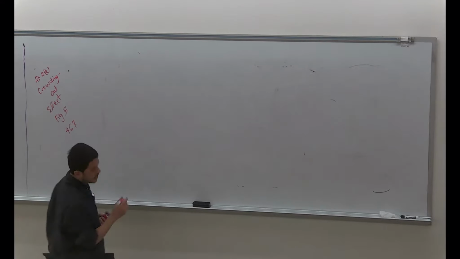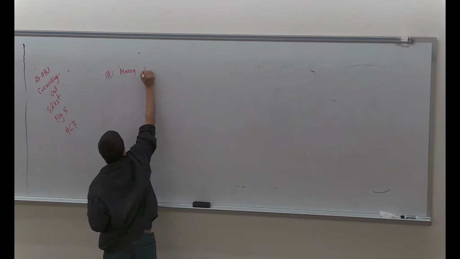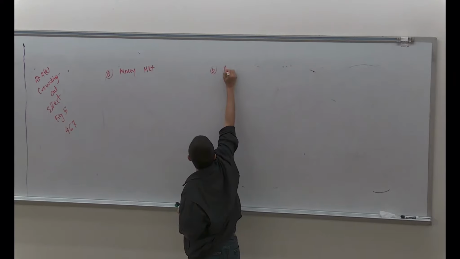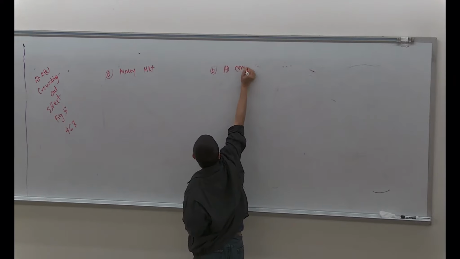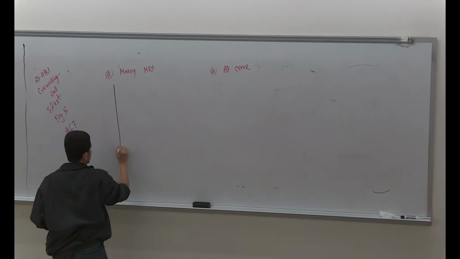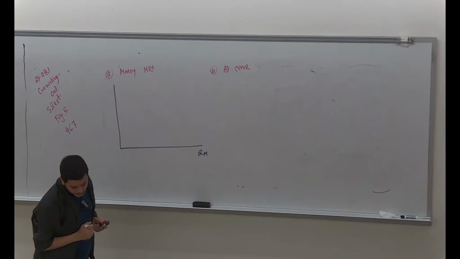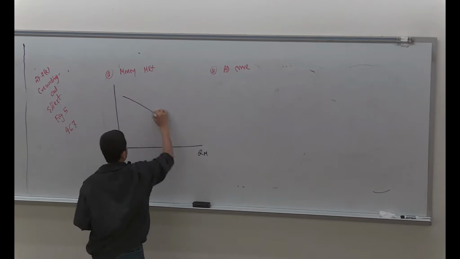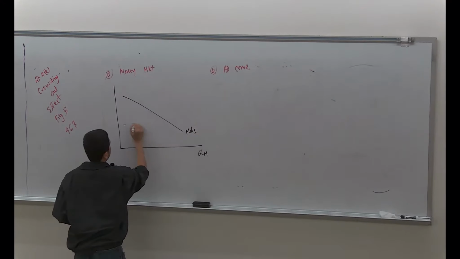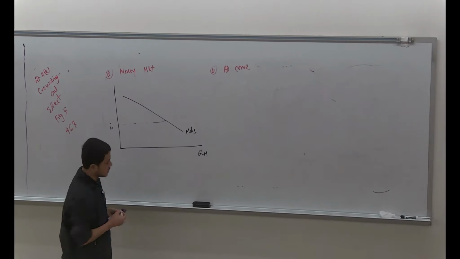So we have a money market and we have the AD curve. This is the quantity of money, and then we have money demand, right? And this is the equilibrium interest rate. Sorry, let me draw the supply curve.